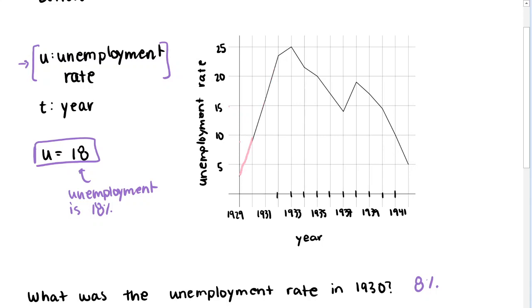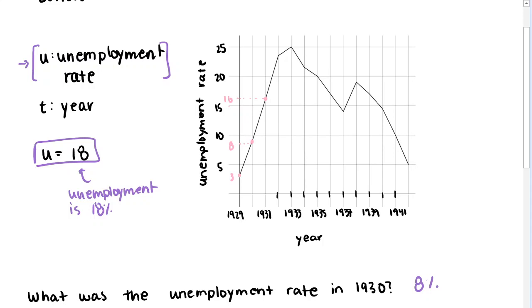Let's make sense of this a little bit. Between 1929 and 1930, it looks like we went up from maybe an unemployment rate of 3% to an unemployment rate of 8%, we said earlier. So that was an increase of 5% in that single year. And then here it looks like we're at an unemployment rate of, I would say, 16%.